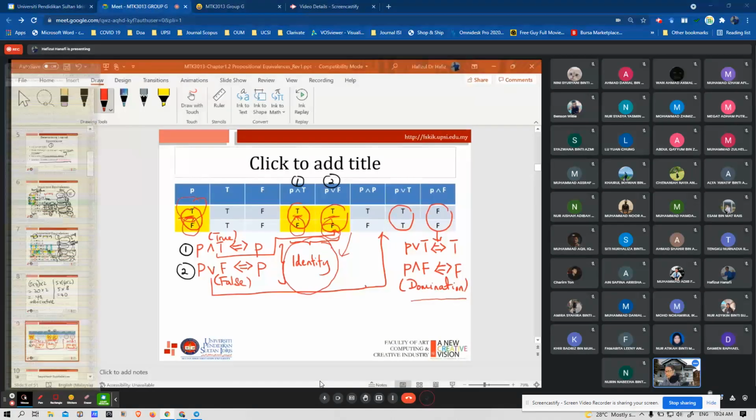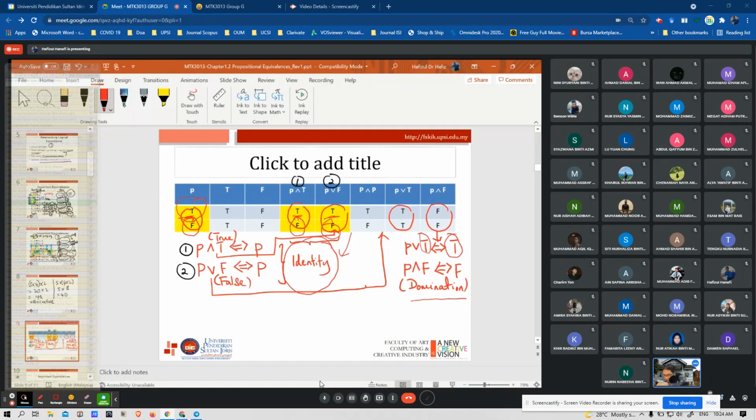Okay, and then we have domination. Okay, P or T equivalent to true. If the first expression is true, it's going to be equivalent to true lah.